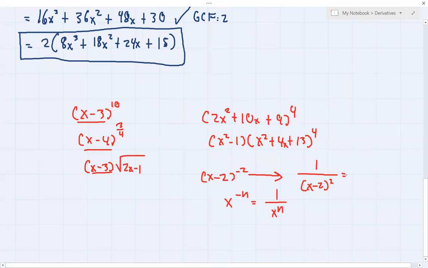Madali lang to. I-expand mo lang siya. So meron tayong 1 all over. Ang expansion ng x minus 2 squared ay x squared minus 4x plus 4. Pero here's the thing. Paano mo siya i-differentiate? O diba? How? So ito, hindi kaya.